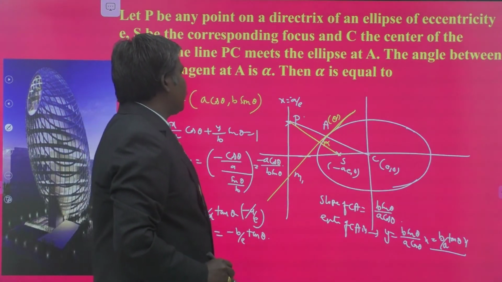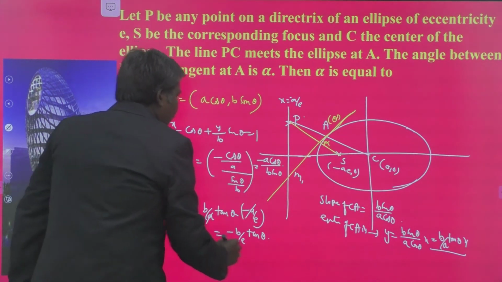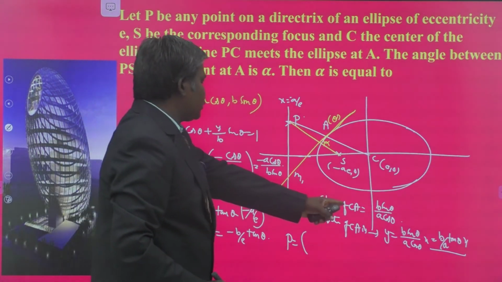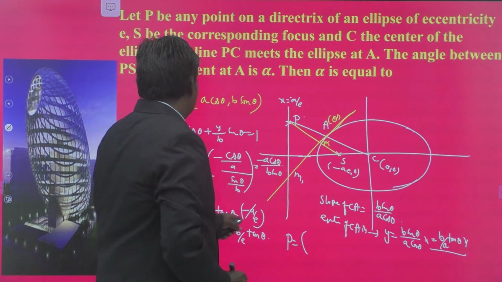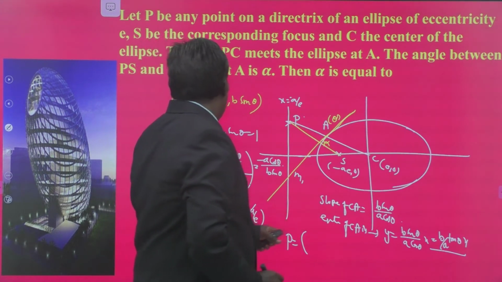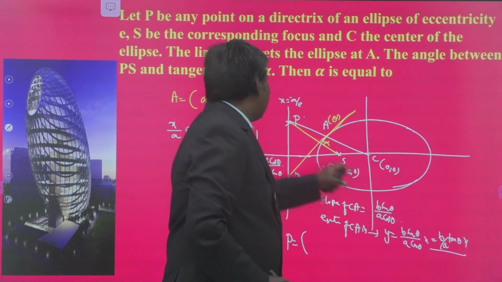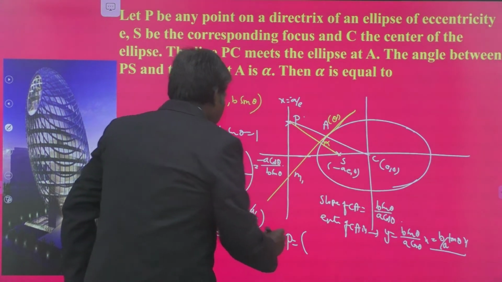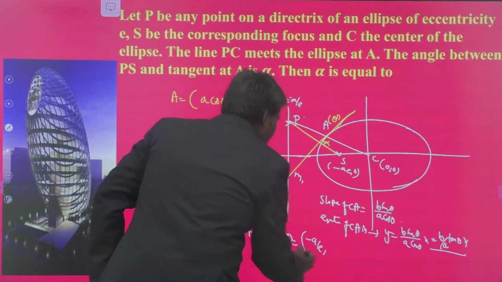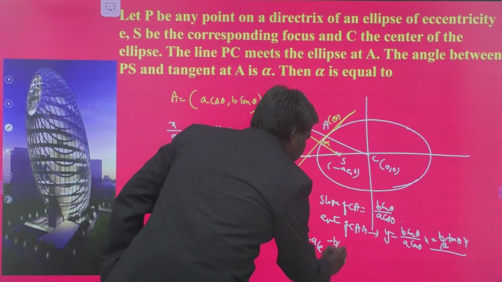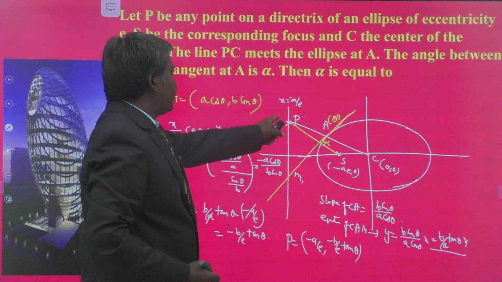So P is minus a by e comma minus b by e tan theta.